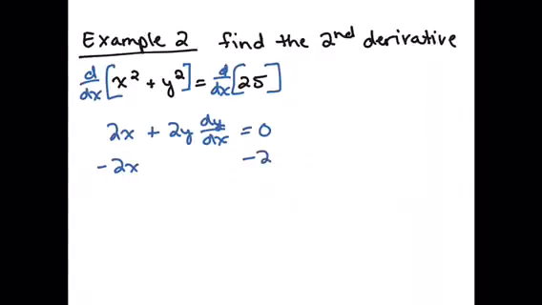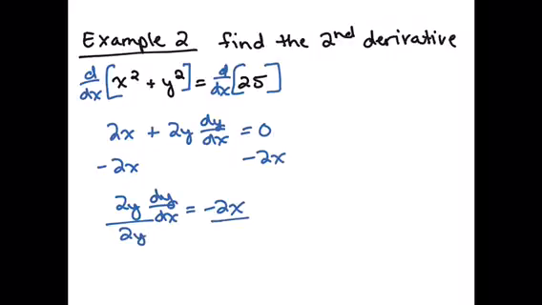Subtract 2x from both sides, and I get 2y dy/dx equals negative 2x, and divide both sides by 2y, and we get dy/dx equals, if I simplify this, negative x over y.